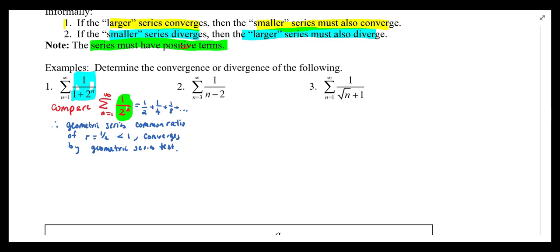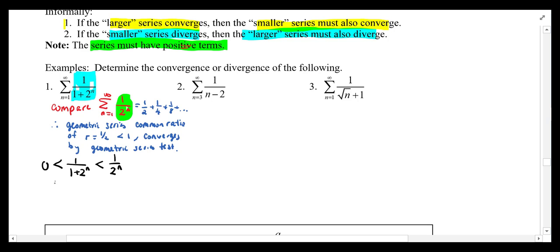I hope you can understand that. Yes, 1 over 1 plus 2 to the n must be smaller than 1 over 2 to the n. And we know that all of these are bigger than 0. They're all positive since n is 1, 2, 3, and so on.